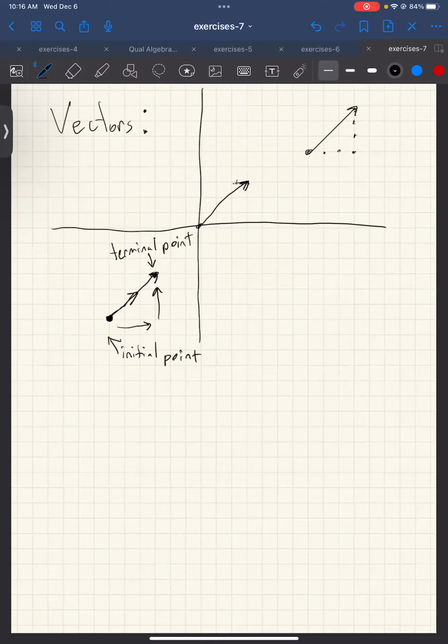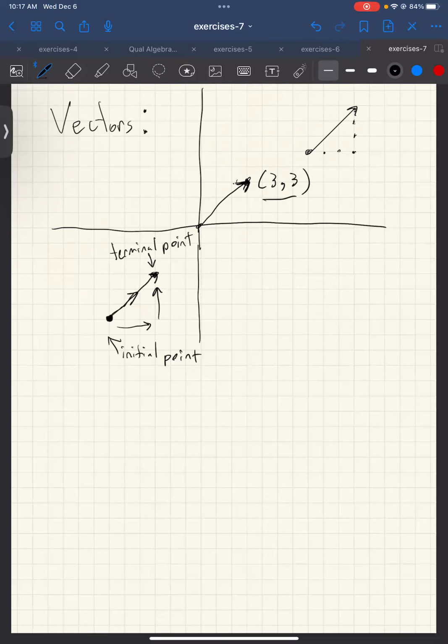But if I start at the origin and I told you I terminated at 3, 3, what does it mean to terminate at 3, 3? Well, that means we went over 3, up 3. We don't have to count or do that work if we start at the origin. We just literally get to read the terminal point, 3, 3. Then we know exactly our vector goes over 3, up 3.